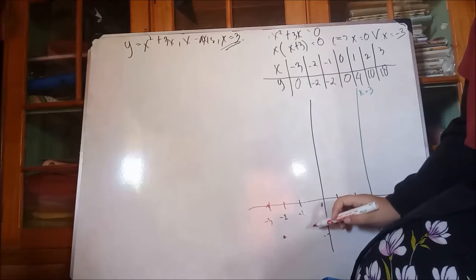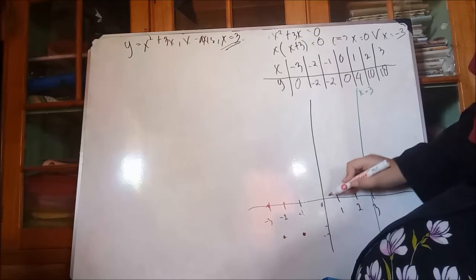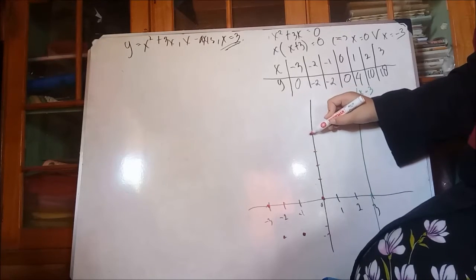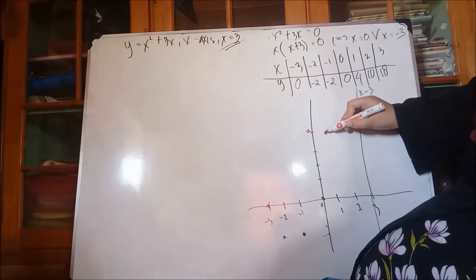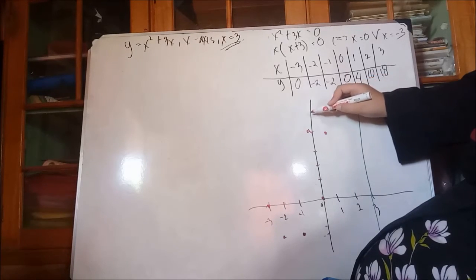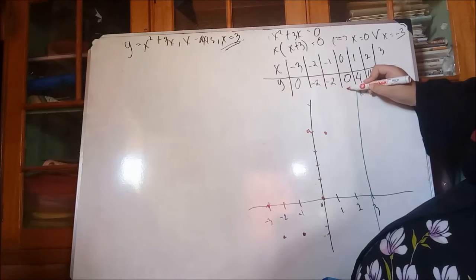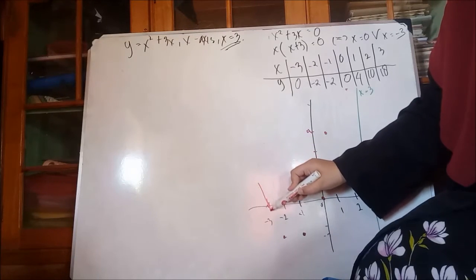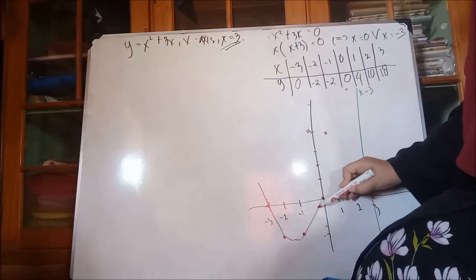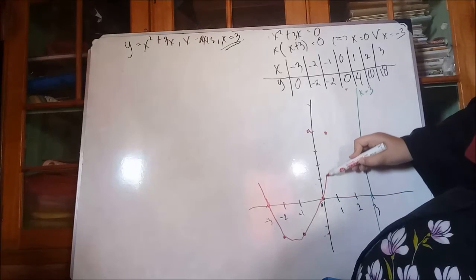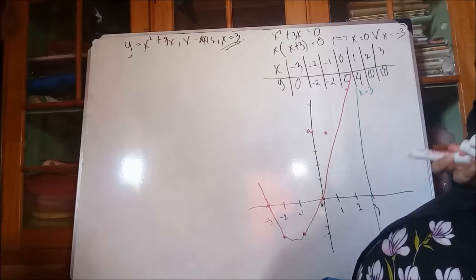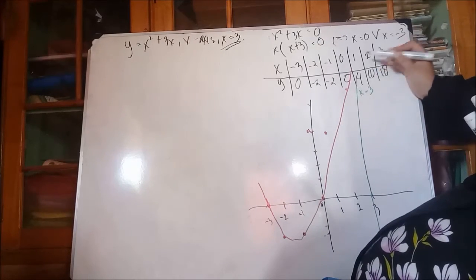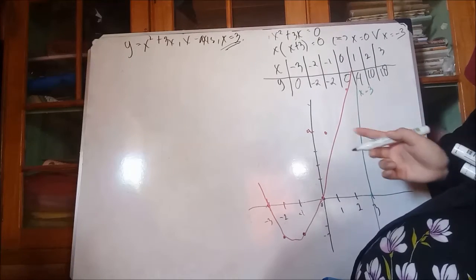And then negative 1 is equal to negative 2. 0 is equal to 0. 1 is 4, and 2 is equal to 10, and so on. So we can make the graph like this.